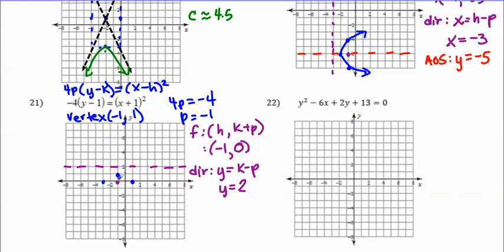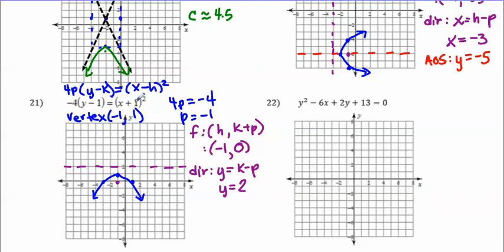And then take a look at the points I graphed. This point is 2 away from the focus and 2 away from the directrix, so I know that it is on the graph of the parabola. And I'm going to sketch the parabola using those points. And let's see if this shape matches what I expected.